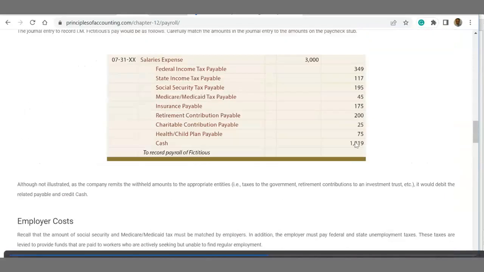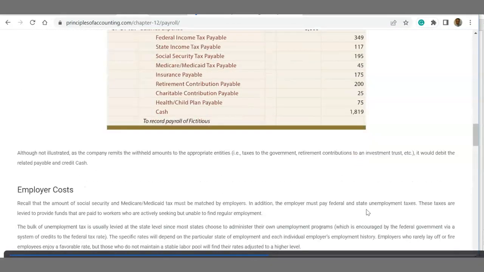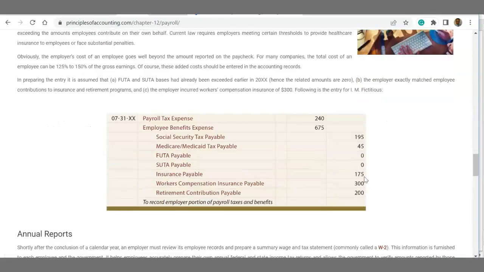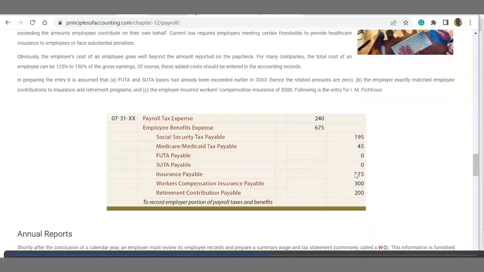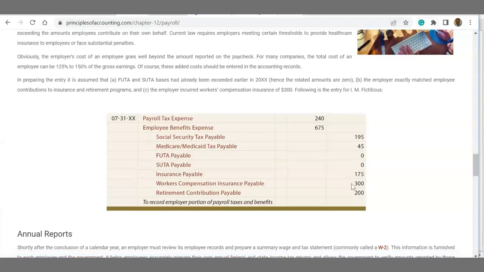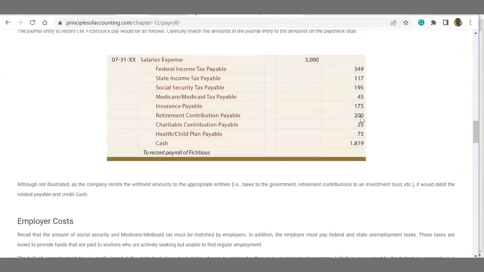So employee paid half of it here from his paycheck, and employer is paying the other half. Also, employer will pay for workers' compensation insurance for this paycheck period, and also $200 matching the employee's contribution.